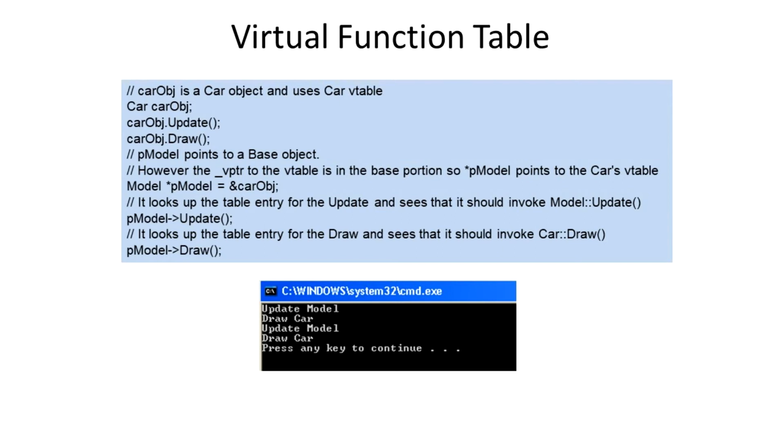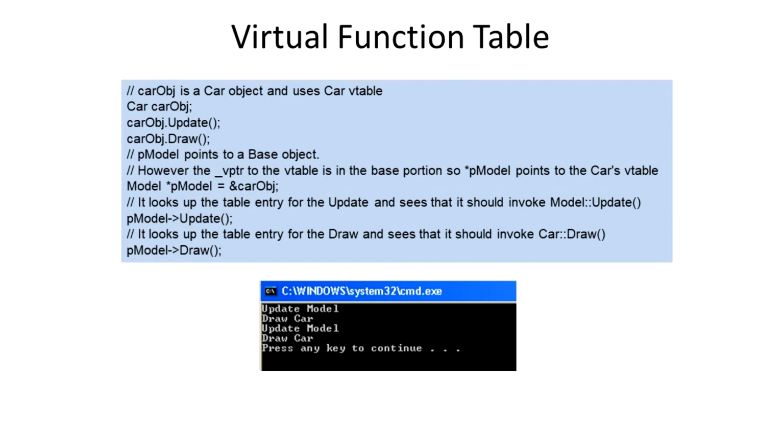Let's move on then and have a look at the next lines where we're actually creating a pointer of parent type, a pointer of a model, which is called pModel, but we're going to assign it the address of the child object. Okay, so this is another example. We've got a parent pointer, but we're pointing towards a child object. So we want to really refer to the most derived versions.